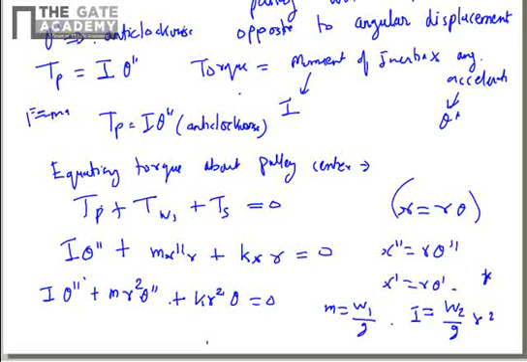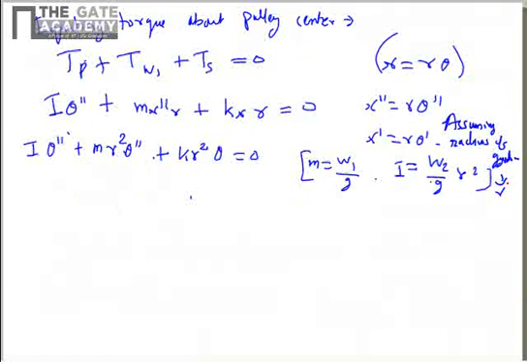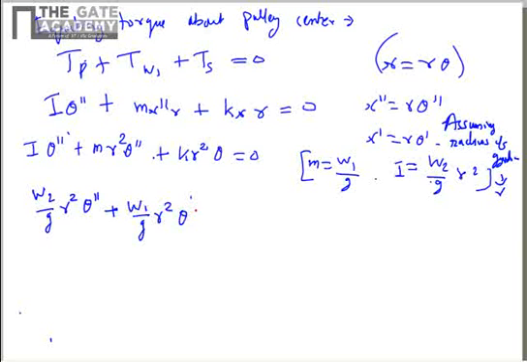The radius of gyration k will be equal to r. So I will be equal to W2 by g r square. So if you write this equation better, substituting the values, you will get W2 by g r square theta double dash plus m, that is W1 by g, r square theta double dash plus k r square theta is equal to 0.